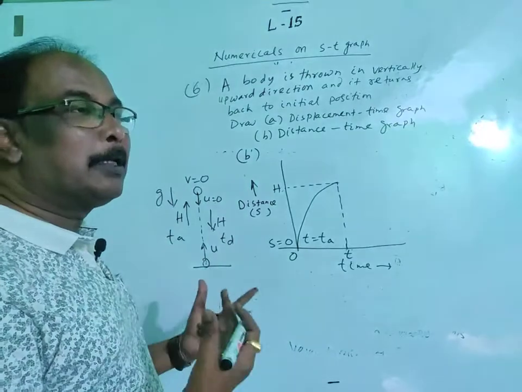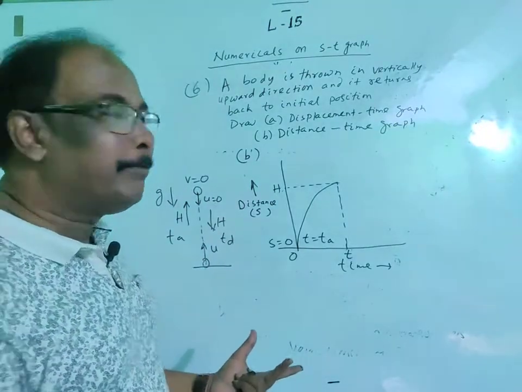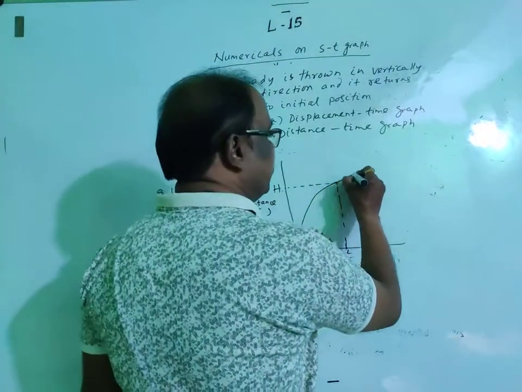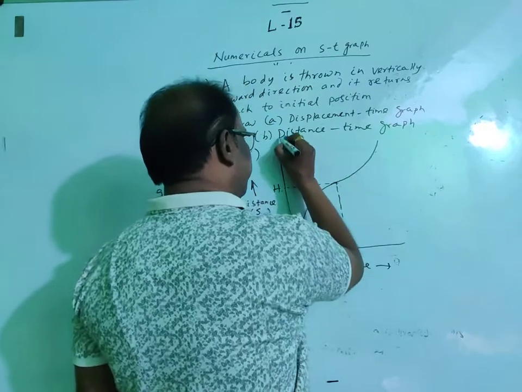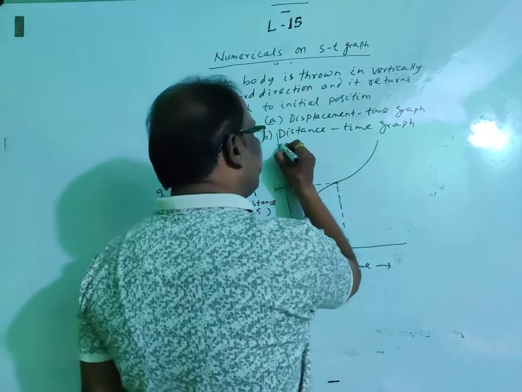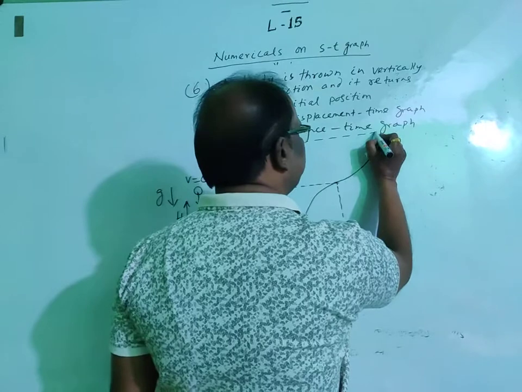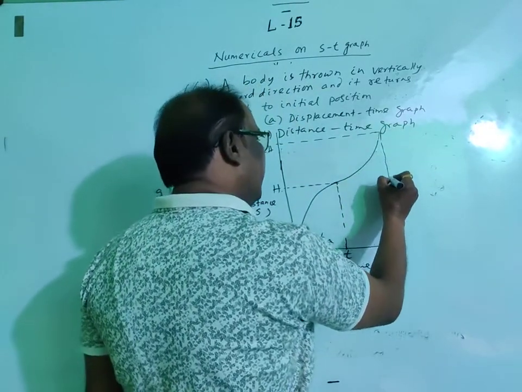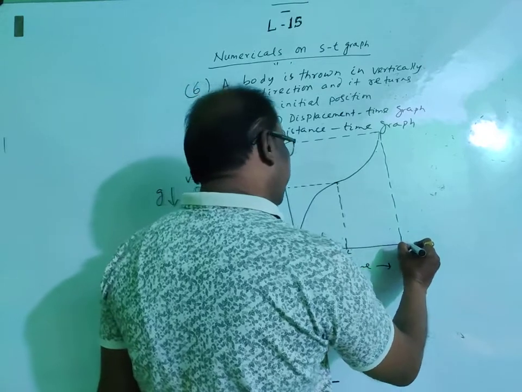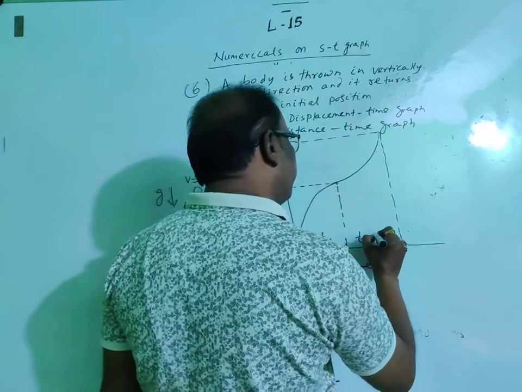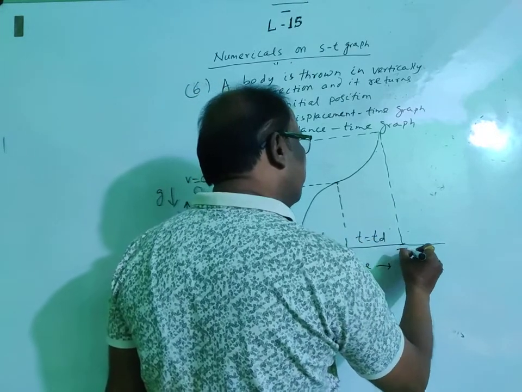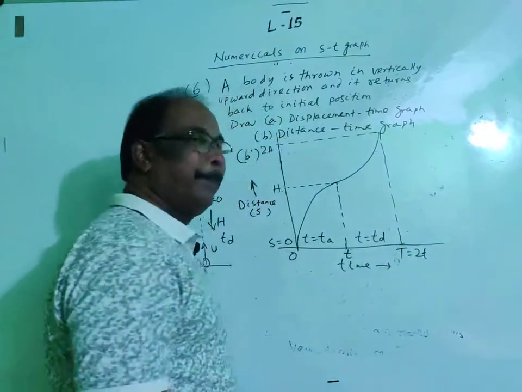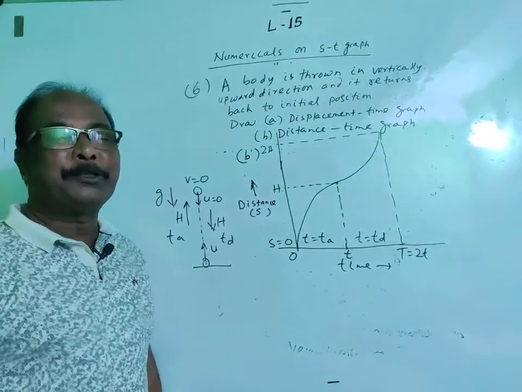Accelerated motion means parabolic curve. So again distance increases. So this total height is 2h, and again this time is t, means time of descent, and total time of flight is 2t.